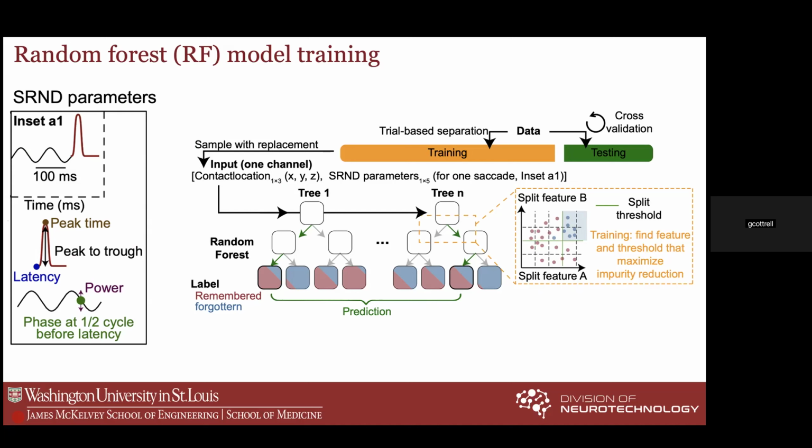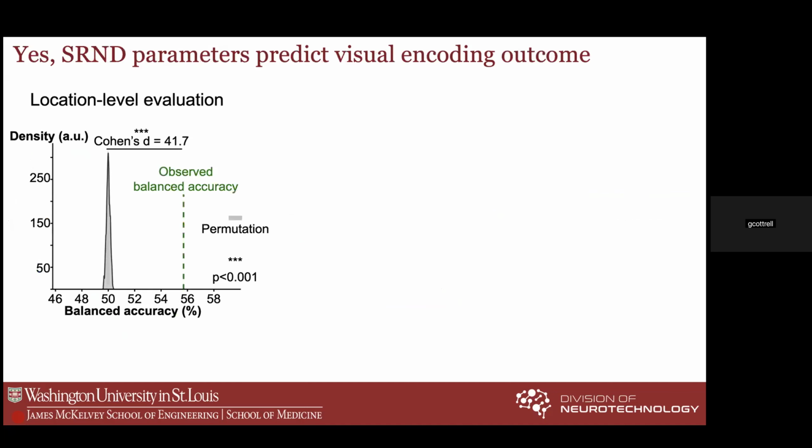The evaluation metric is balanced accuracy because it accounts for the imbalance in the sample numbers between classes. And the conclusion is, yes, those parameters predict visual encoding outcomes.